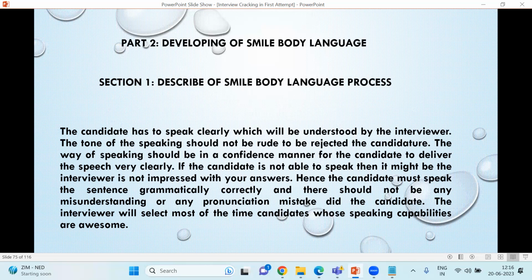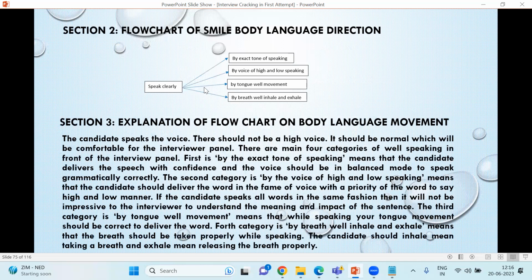Next, we will move to the next slide. Section 2, flowchart of smile body language directions. So, speak clearly. How can we speak clearly in front of the interview panel? The first category is the exact tone of speaking.